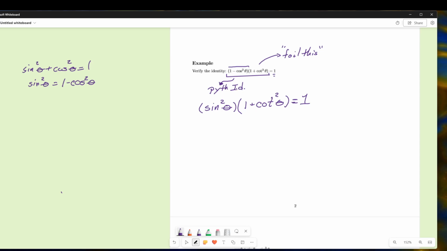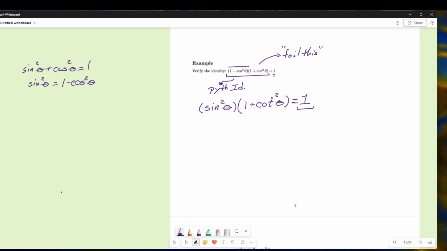Now from here, again, we could try distributing this sine squared theta, and we'd get sine squared theta plus sine squared theta times cotangent squared theta. And we could do that, but I am trying to get to a single term down here, and that's going to leave me with 2 terms.